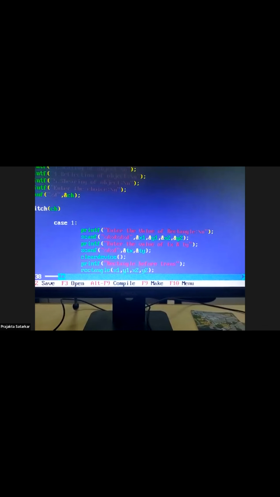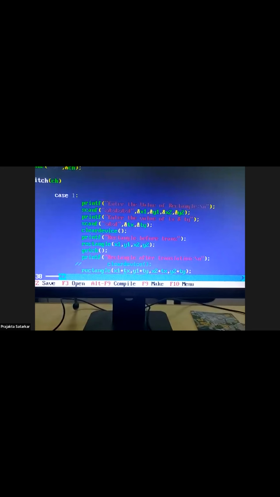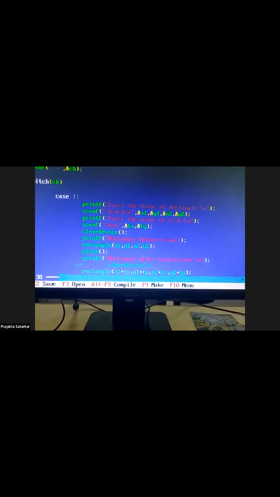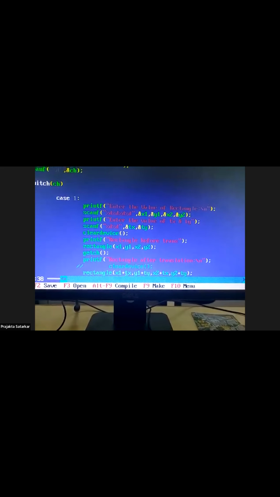Then I have done clear device to get the screen clear. And I have printed the rectangle before and after transformation. What happens in the before transformation? The original coordinates x1, y1 and x2, y2 give you the initial rectangle.